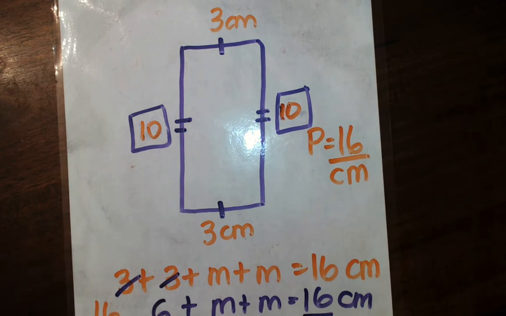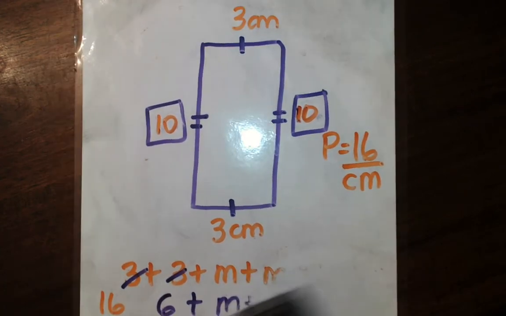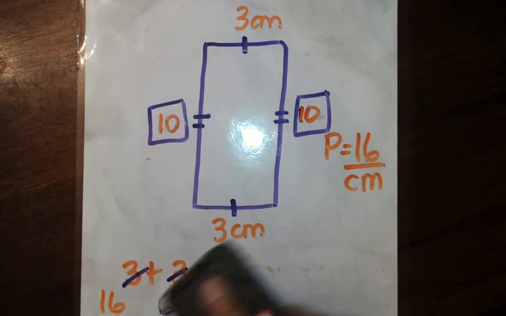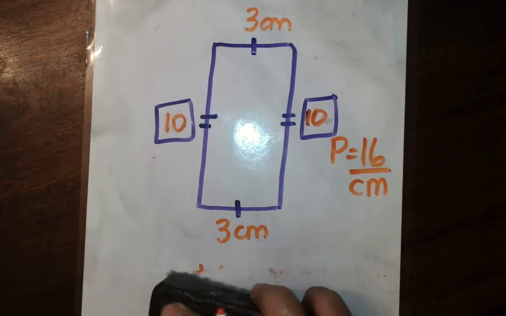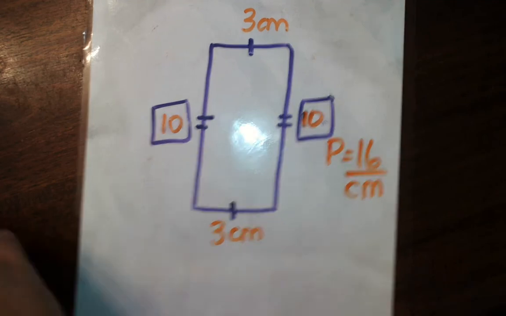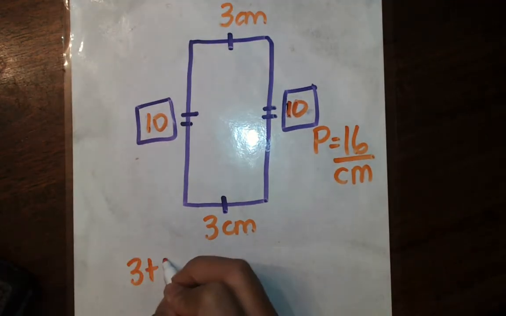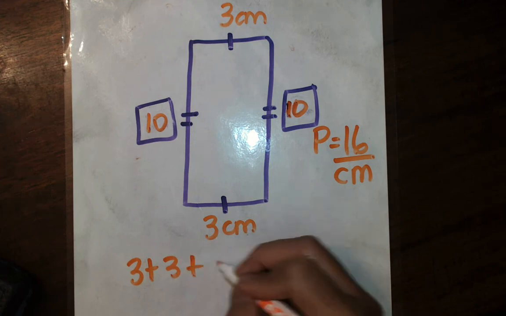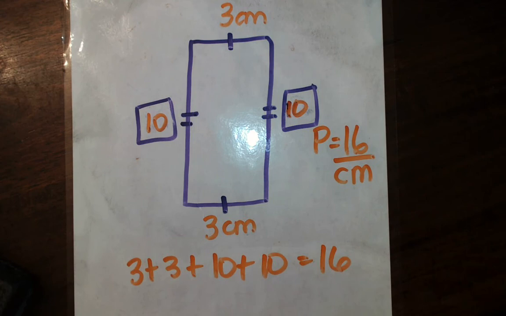The only way to find out, boys and girls, is to double check your answer. So let's go ahead. I'm going to erase all of this down here. We know that it's 10. We need 10 more to get to 16 centimeters. But is each side here 10? So let's do 3 plus 3 plus 10 plus 10. Is that going to equal 16 centimeters?